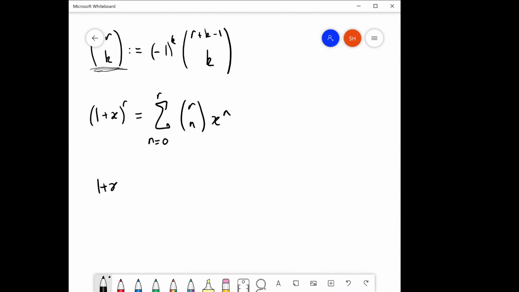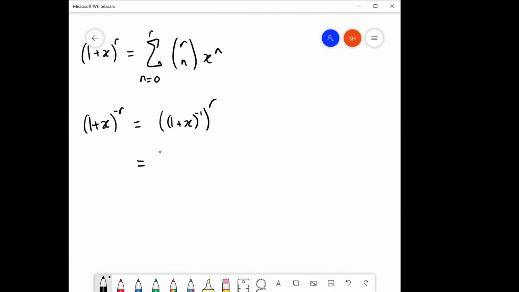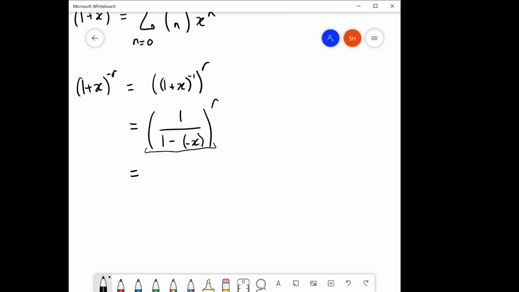So 1 plus x to the negative r, well, this is the same as 1 plus x inverse to the r. Okay, this is 1 on 1 minus negative x to the r, and then this thing is the sum of a geometric series, so we can just plug our geometric series in.